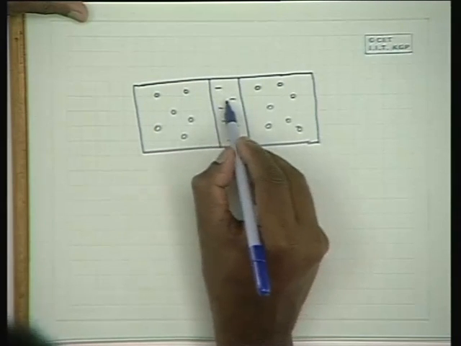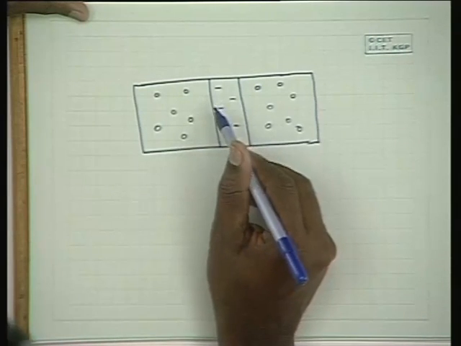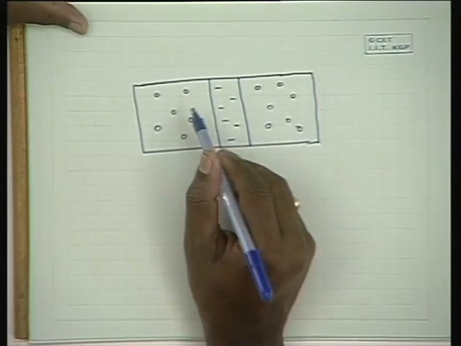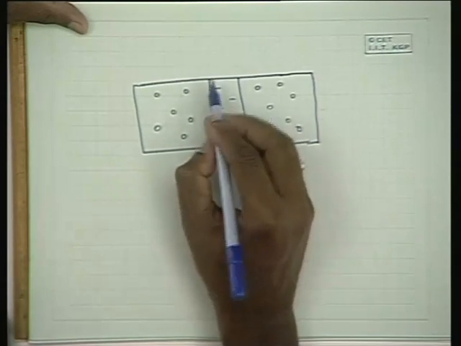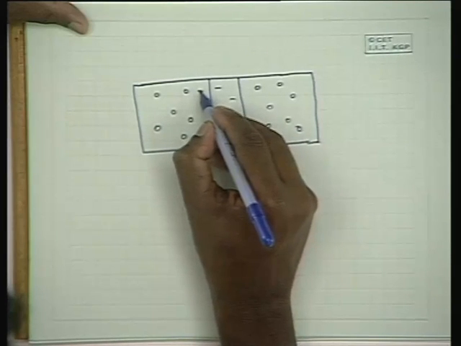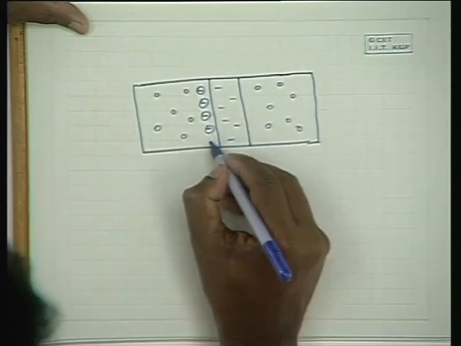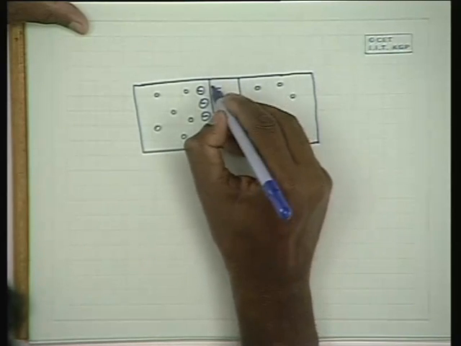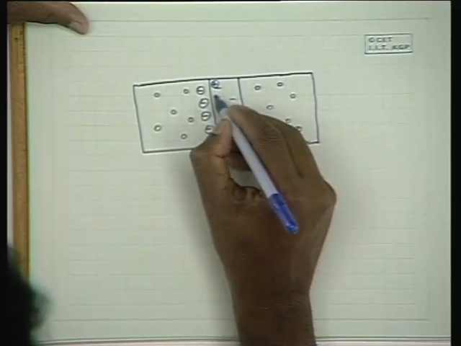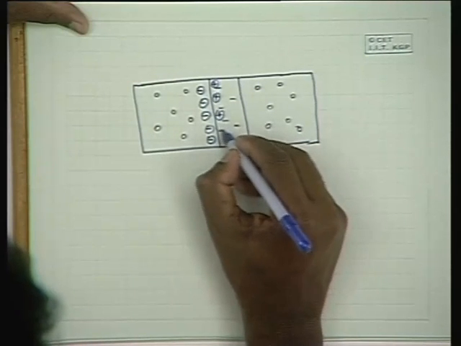The holes diffuse into the base side and the electrons from the base side diffuse into the emitter side, as a result of which you have negative charge accumulating here, the space charge accumulating here, and a positive space charge accumulating here.